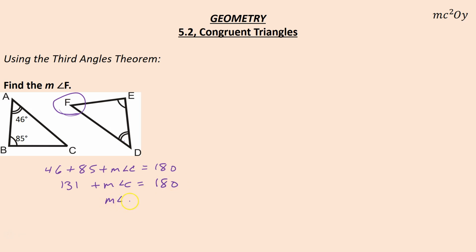And it tells us the measure of angle C is 49. So if this is 49, based on the third angles theorem, this angle F also has to be 49 degrees. So the measure of angle F is equal to the measure of angle C, which is equal to 49 degrees. All right, there we go. That's all I got for you. Good luck.